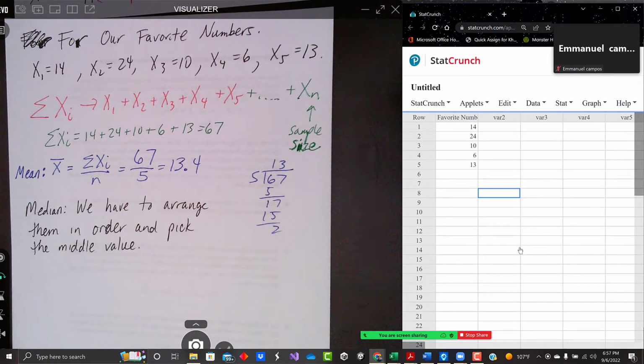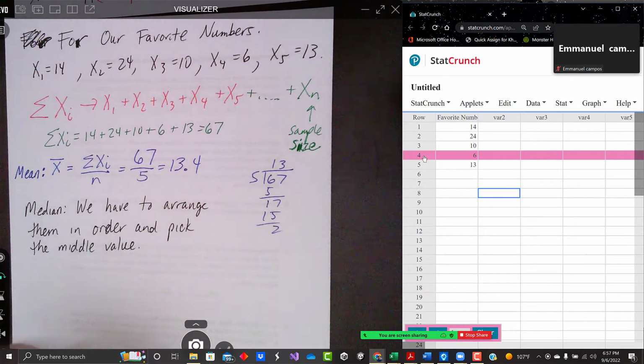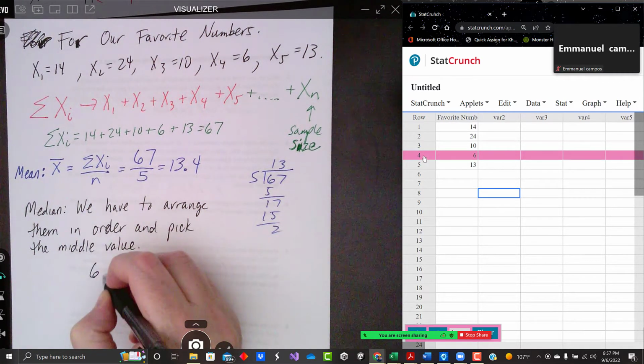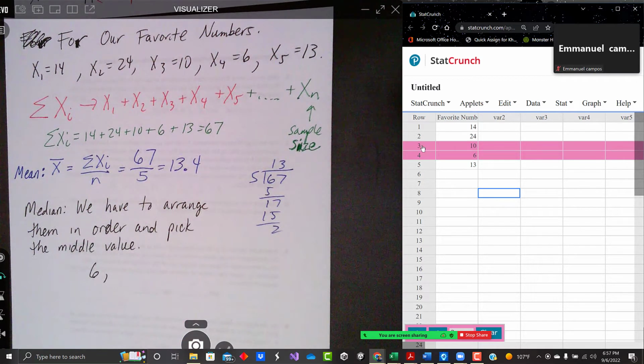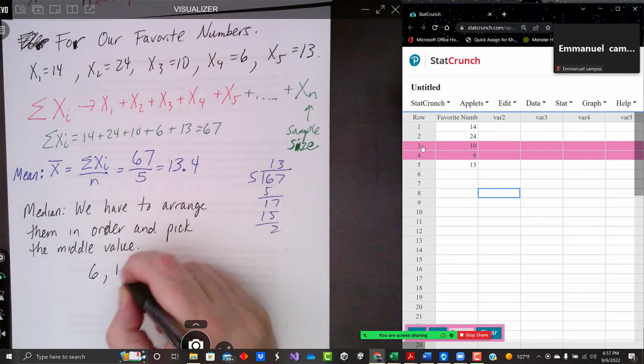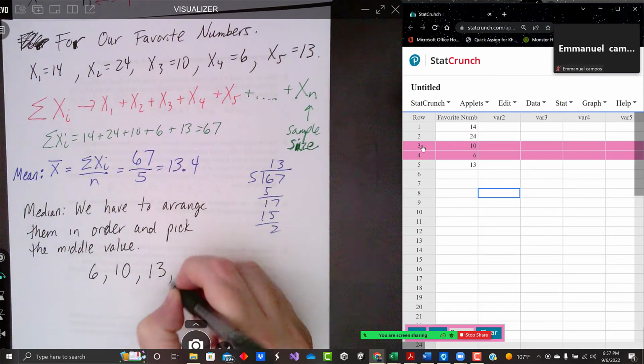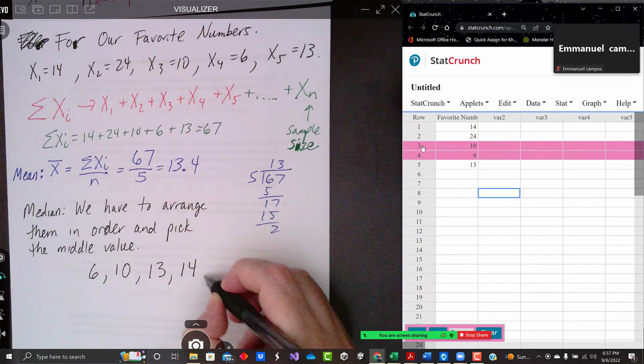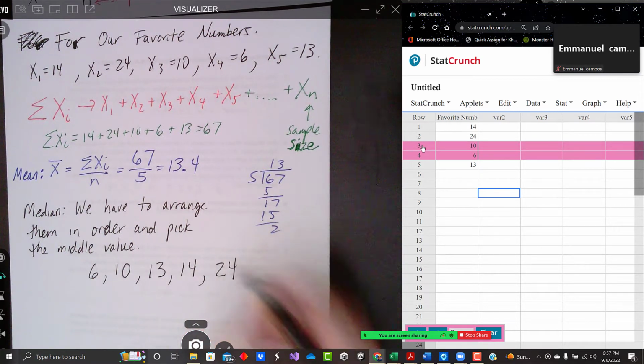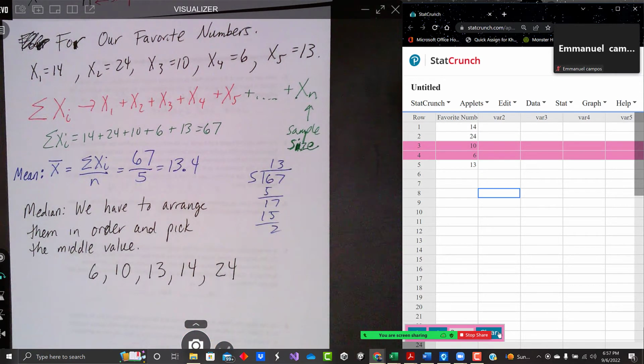So I'm going to go through and do these by hand. The lowest value was 6. The next value was 10. Then we have a 13. Then we have a 14. Then we have 24. That would get all 5 of them.